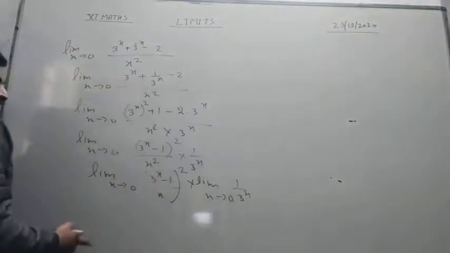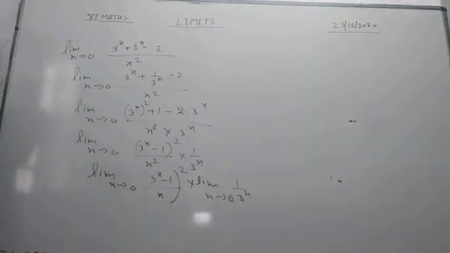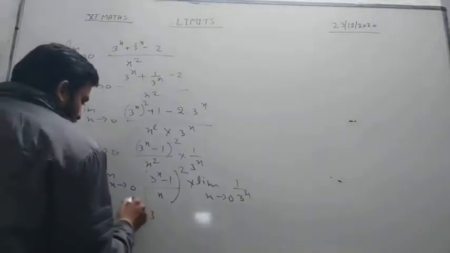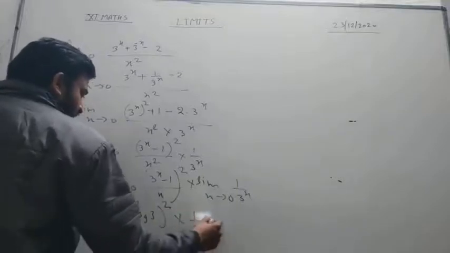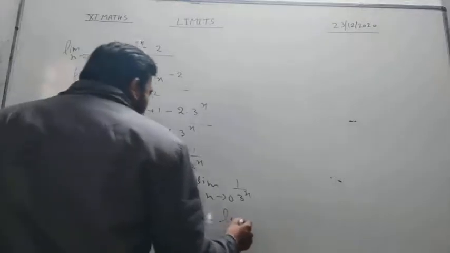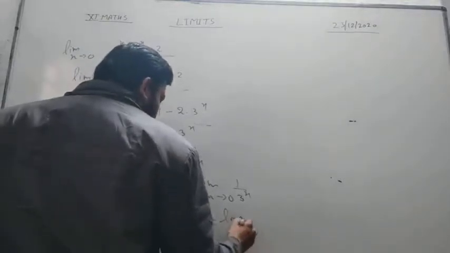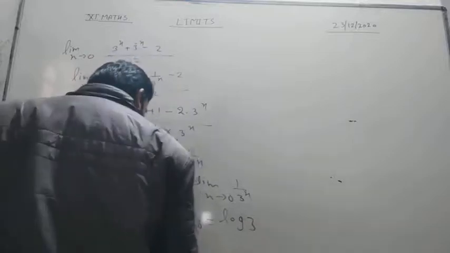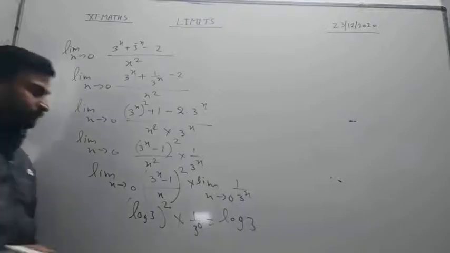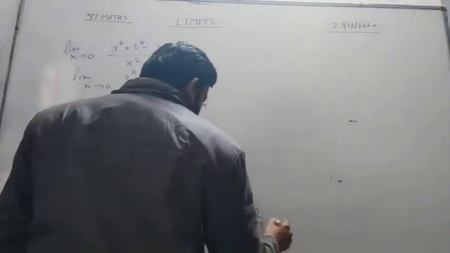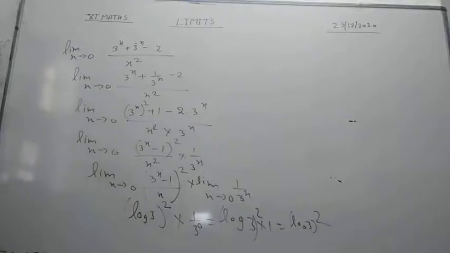Now this term we can write what? This is log of 3. So we can write (log 3)², and 1/3^0 is equal to 1. Okay student, so (log 3)² will be your answer. I hope you understand.